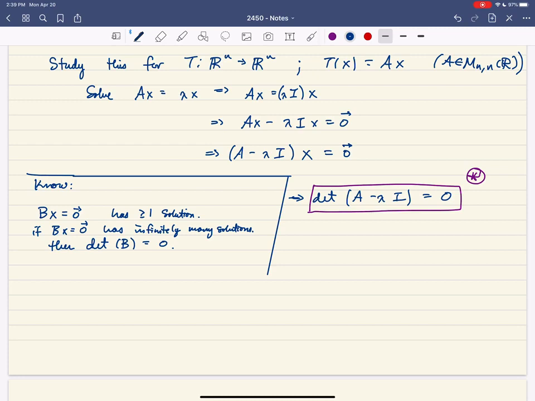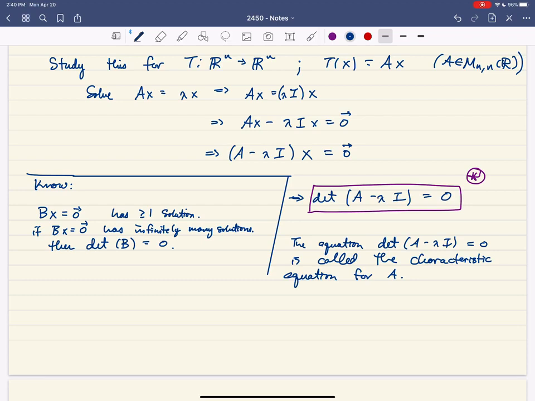In fact, this is so important it has a name. The equation, the determinant of A minus lambda I equals 0, is called the characteristic equation for the matrix A. And actually the left side, the determinant of A minus lambda I, also has a name.